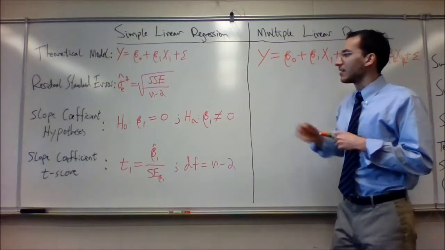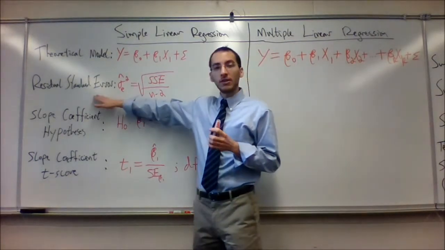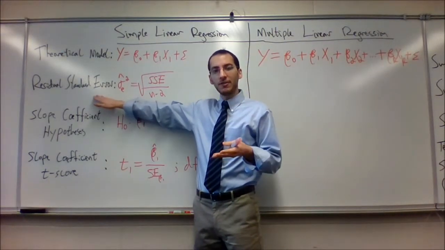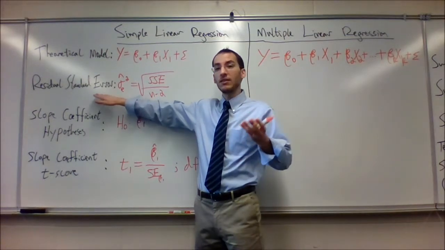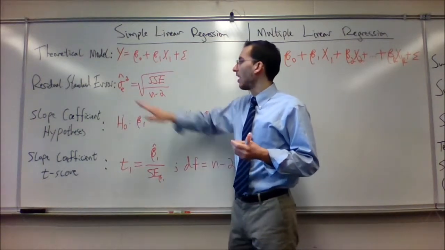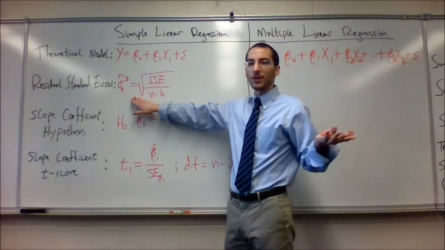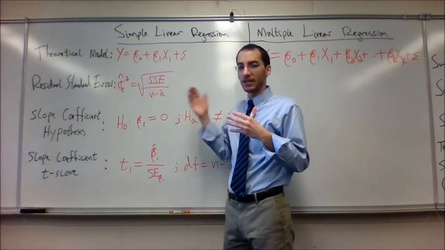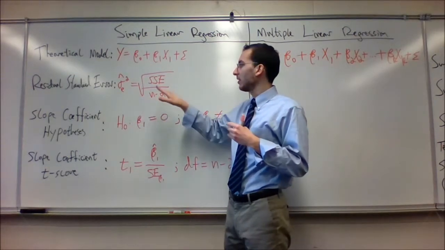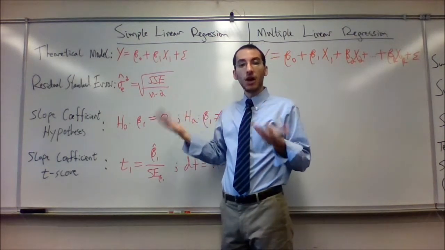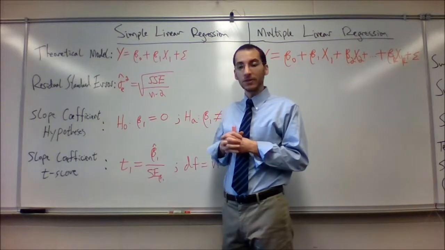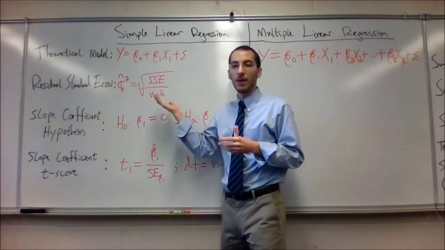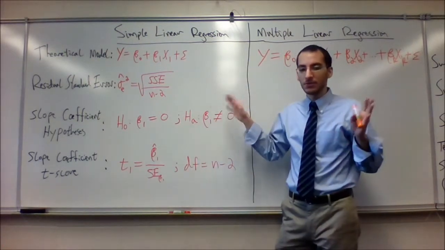So moving on, our typical error, our residual standard error that I've asked you to look at a number of times in R, this is just a formula. I'm not going to ask you to ever calculate with a formula, but I just want you to see the connection. It's calculated by the sum of squares error, SSE, divided by n minus 2, square root.